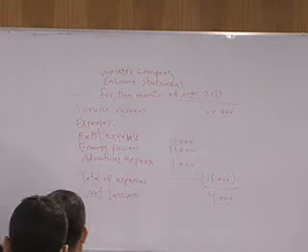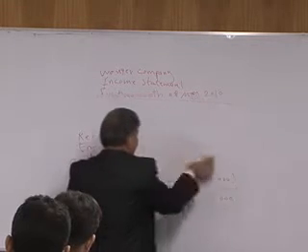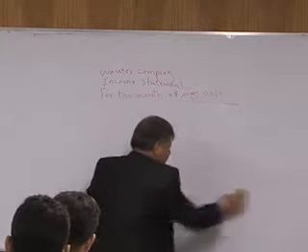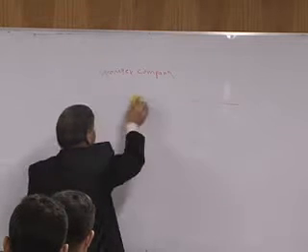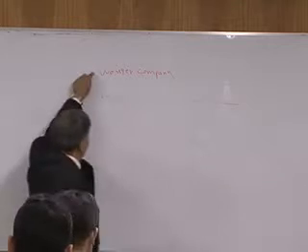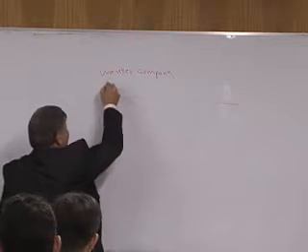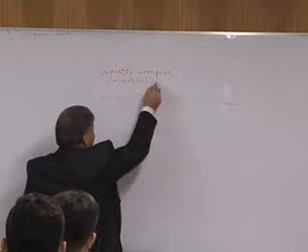The second requirement is the balance sheet. The name of the company is the same. The second line, balance sheet.